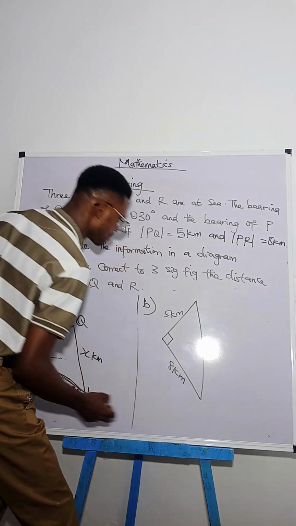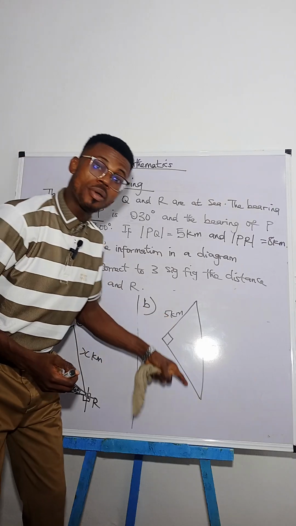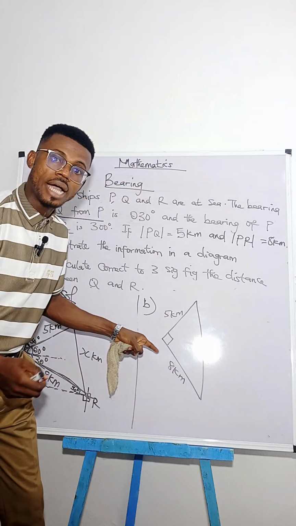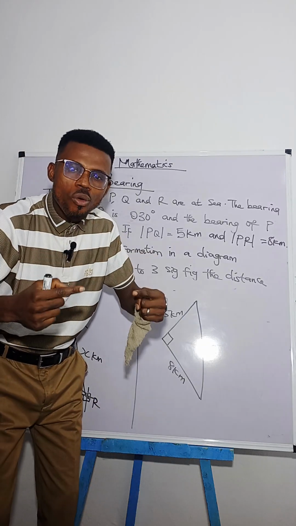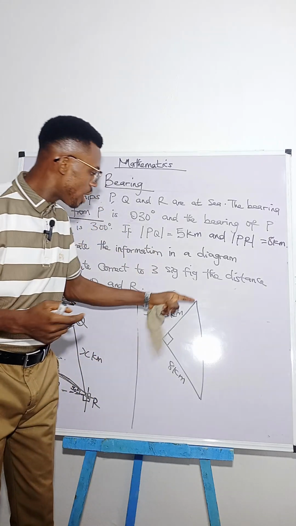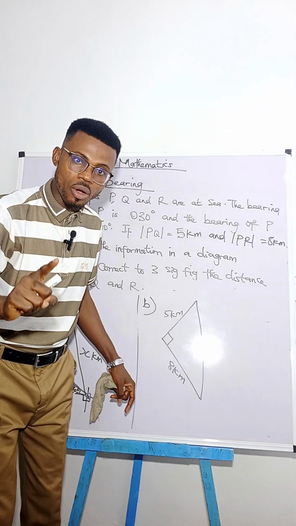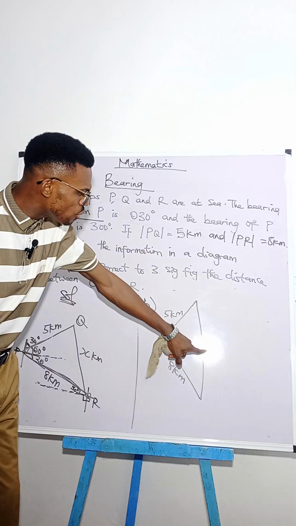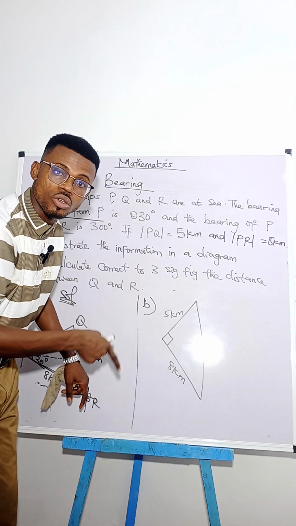This is X. Now, if I have a right angle triangle and I'm looking for one of the sides, what's the rule? Pythagoras theorem. Take note: whenever you have a right angle triangle, you have two sides known, one unknown, you use your Pythagoras theorem.